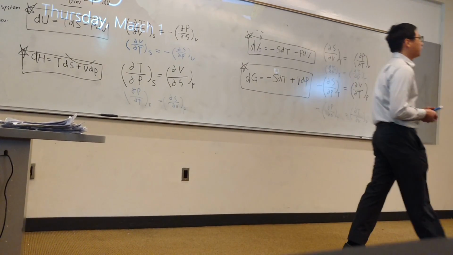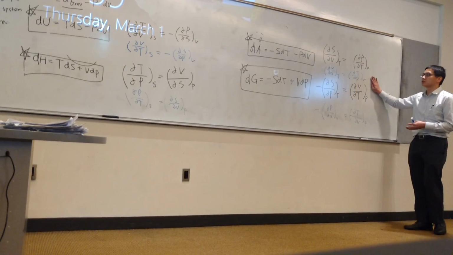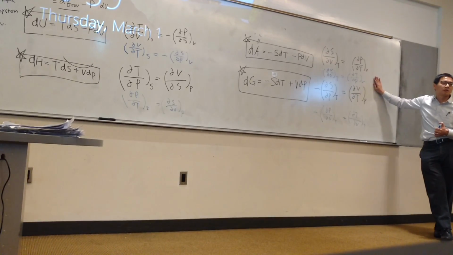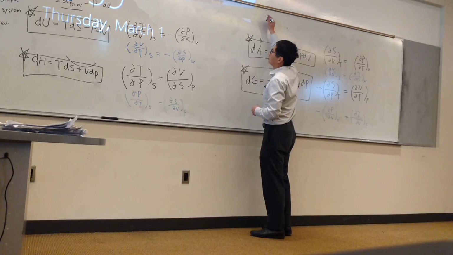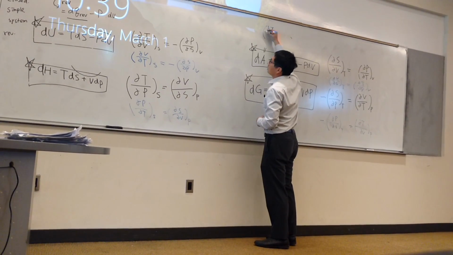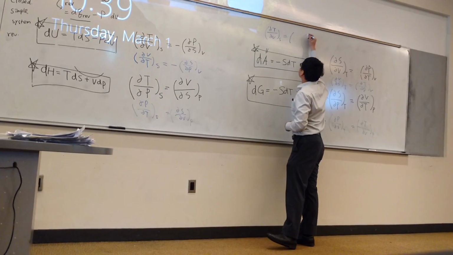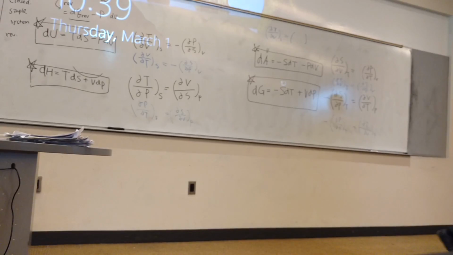Actually, for these equations, especially the Maxwell equations, it's very easy to remember. Assume today I give you partial T, partial V, at constant S. Write down what it equals.